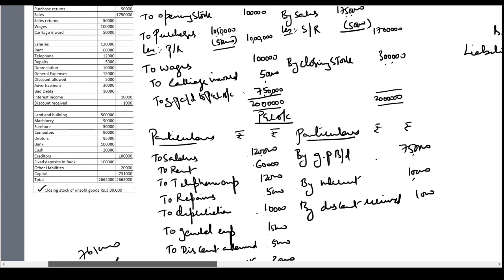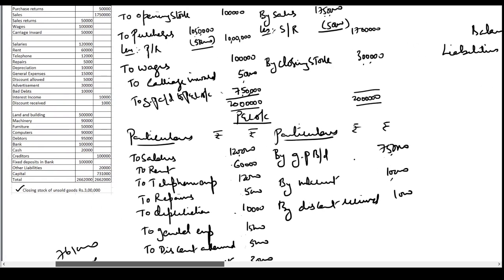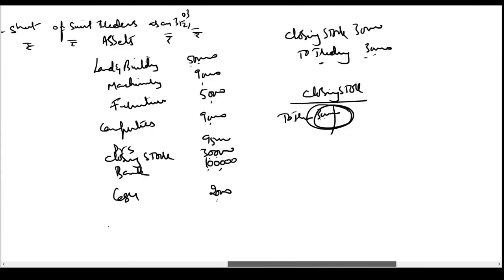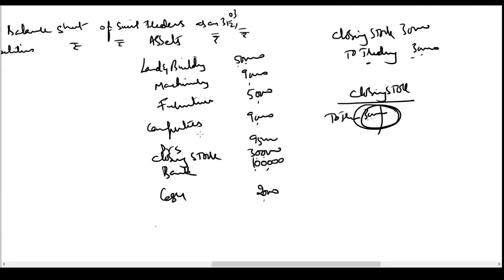This was not there in the trial balance, but when we were preparing the trading account, we created this new account. We have one more asset, fixed deposits 1 lakh rupees. It's an asset for the business.